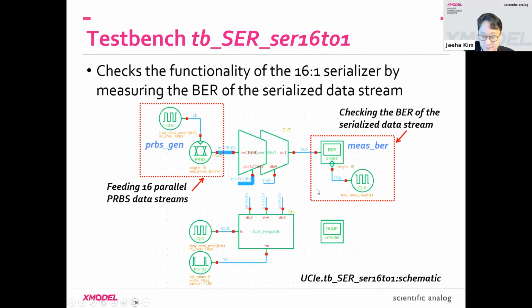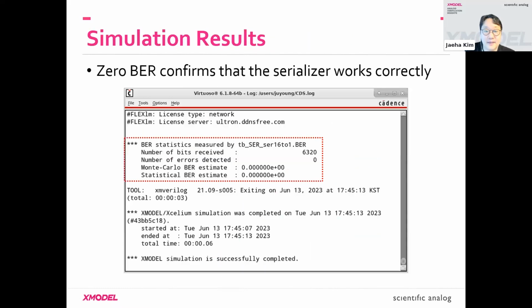So we use these primitives to check the correctness of the serializer. The measure_BR primitive will produce this text log when the simulation is over. It will report the number of bits it has checked and the number of errors it has detected. If the answer is 0, then it means things are working fine.